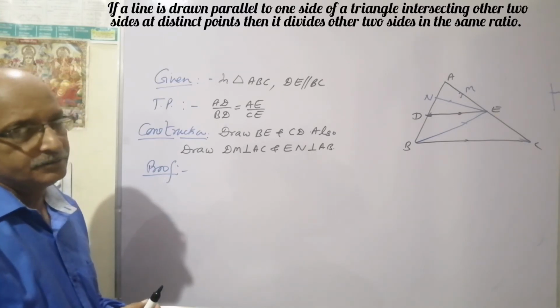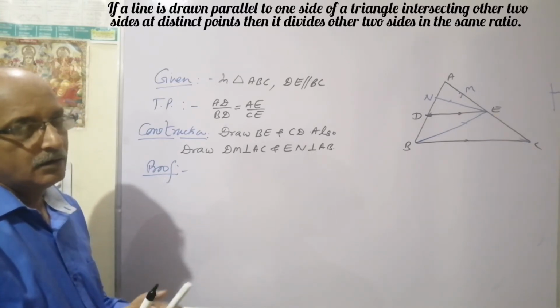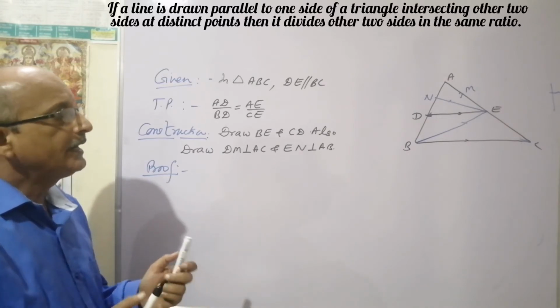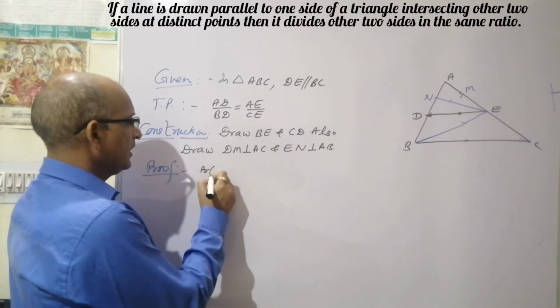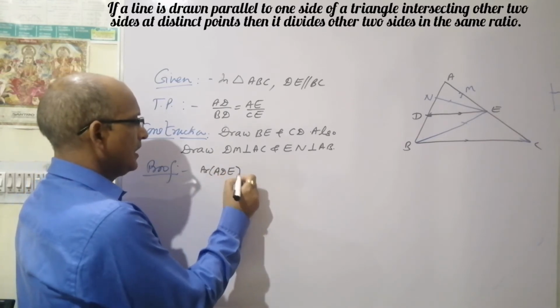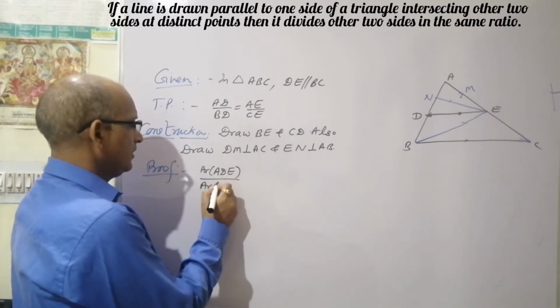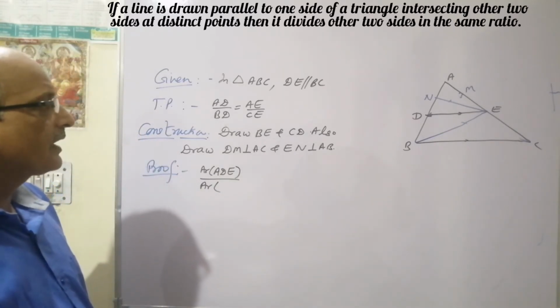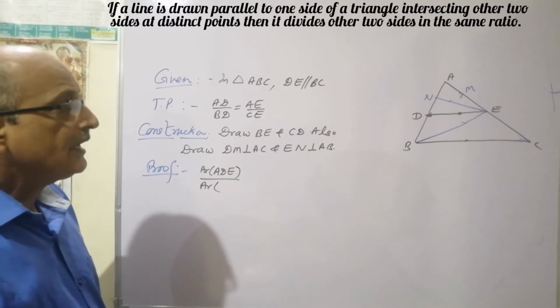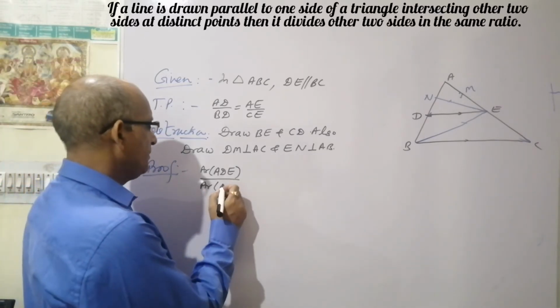Now look at the triangle which is having AD as a side. Just a tricky approach. AD is the side of triangle ADE. So take area ADE upon area BDE, since BD is the side of triangle BDE.